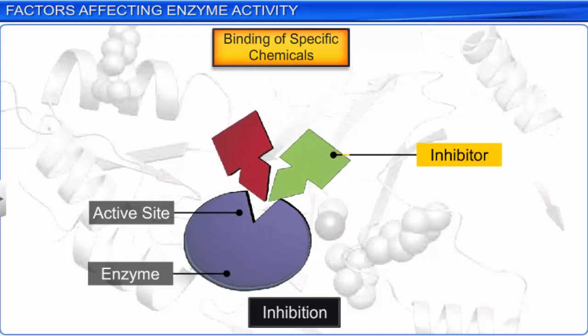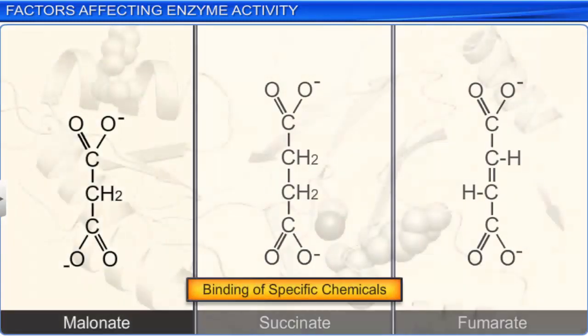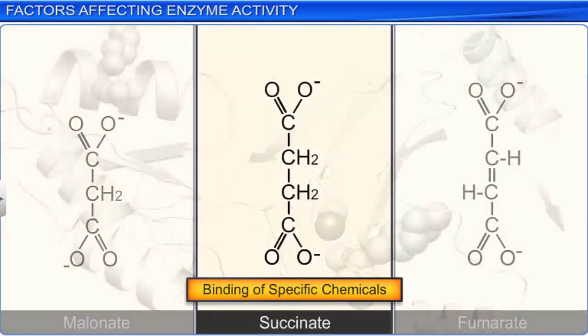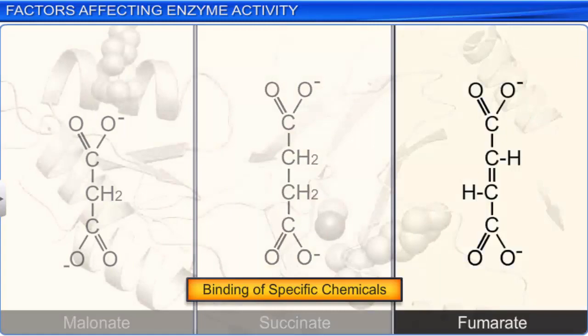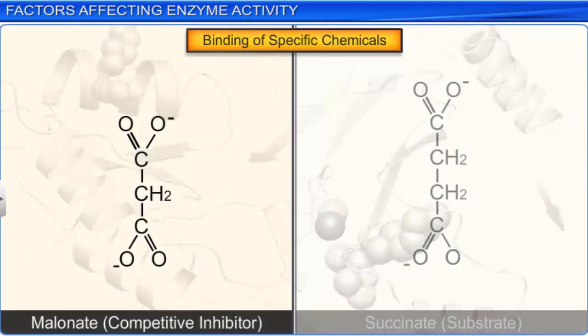For example, malonate is a competitive inhibitor of succinate, which gets converted to fumarate in the presence of succinic dehydrogenase. Sometimes the molecular structure of the inhibitor closely resembles that of a substrate.